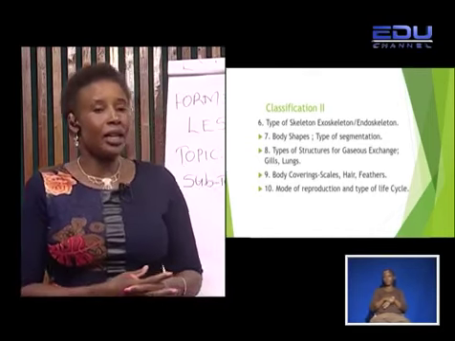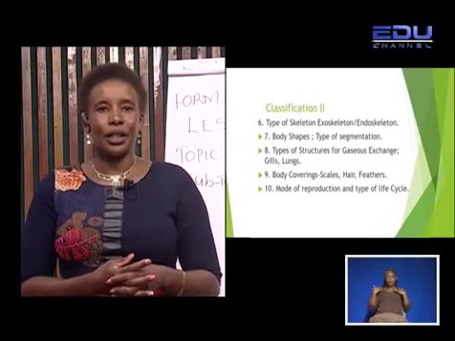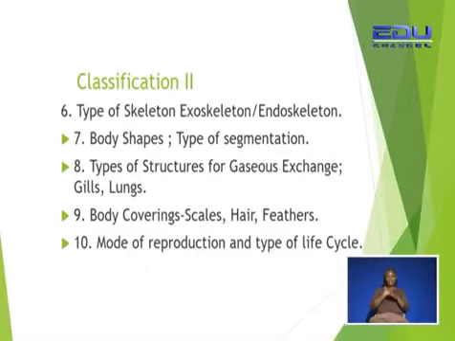Another feature is the body coverings. We have different body coverings such as the scales for fish, we have hair, and others like birds have their bodies covered with feathers.